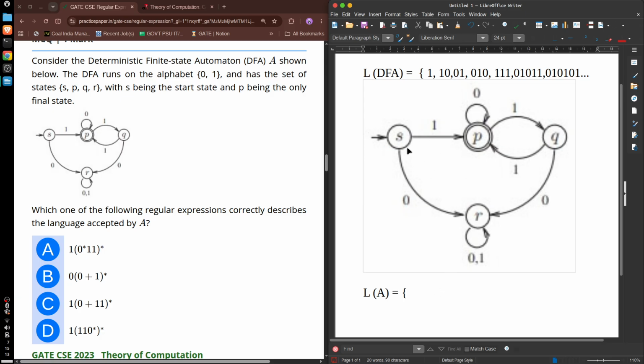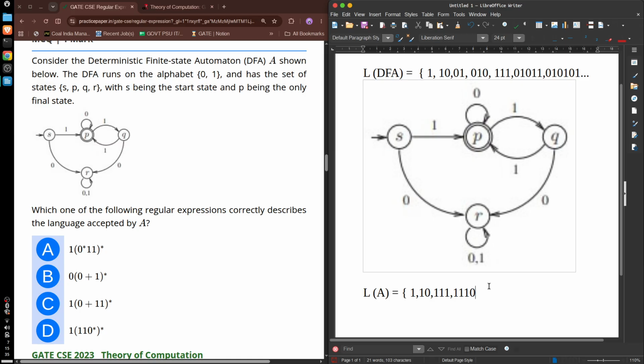So what is accepted by this? It's a DFA, so it's not accepting epsilon. It will accept 1, and after that 1 is accepted, 1 0 is accepted, and after that triple 1, 1 1 1, is accepted. And what if we go with triple 1 as well as 0?